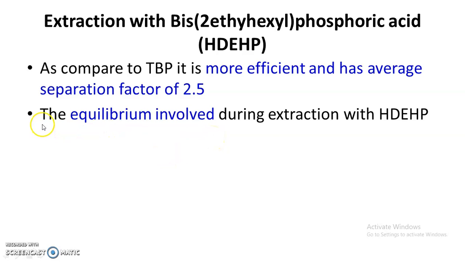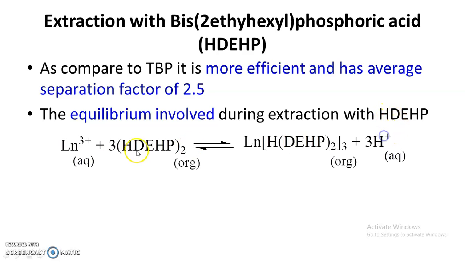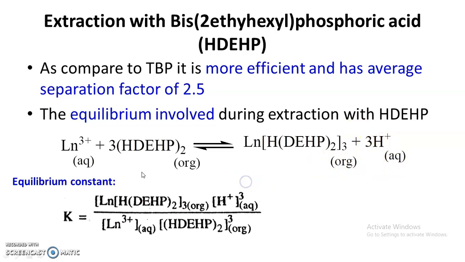The equilibrium involved during the extraction of lanthanide ions with bis 2-ethyl hexyl phosphoric acid is as follows. The aqueous solution of lanthanide ions when mixed with solvent forms the solvent complex, which is in the organic phase, plus 3H plus.